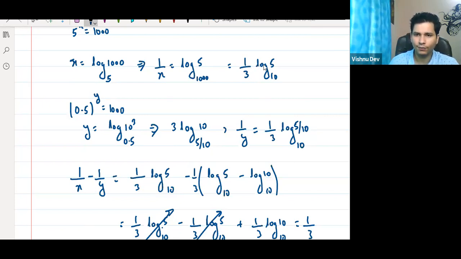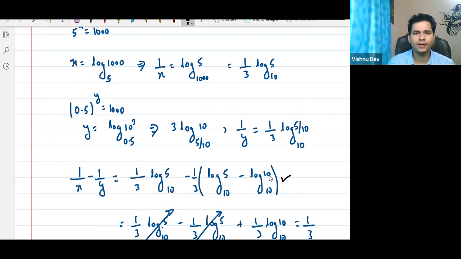Put the value of 1 by x, which is 1 by 3 log 5 base 10 minus 1 by y, which is log 5 by 10 base 10. So log a by b is log a minus log b. Everyone got this step? Because log 5 by 10 is log 5 minus log 10.